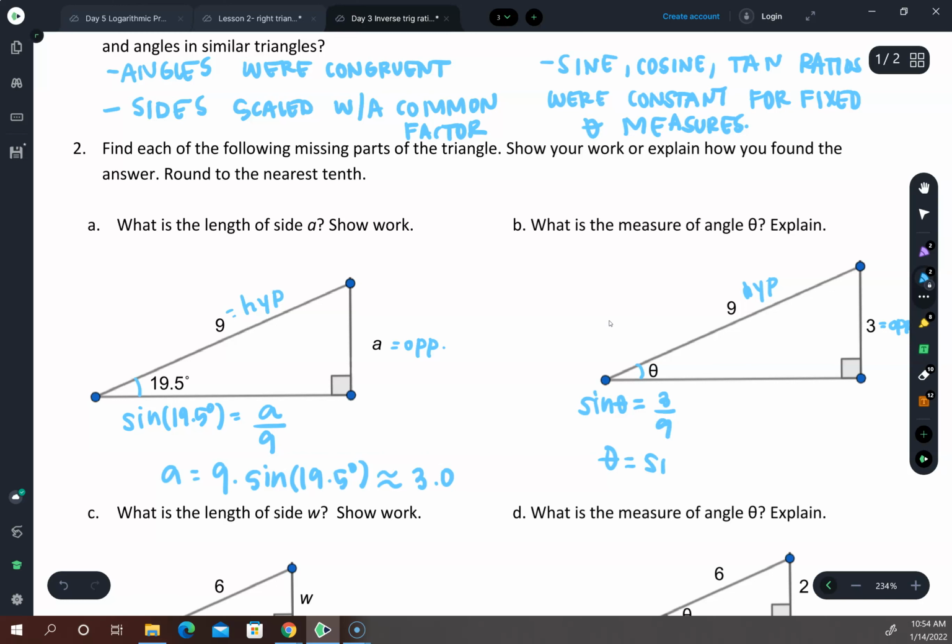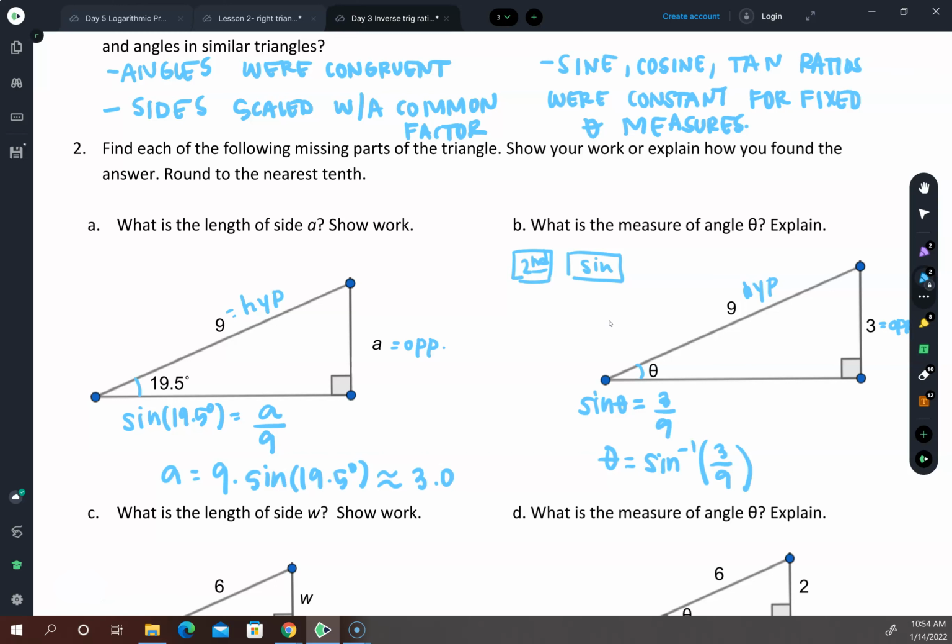So what you're going to say is inverse sine of 3 over 9. So make sure your calculator is in degree mode, and what you'll push in your calculator is going to be second and sine. So when you do that, you get what, 19.5? Make sure you're in degree mode on your calculator. That's important.